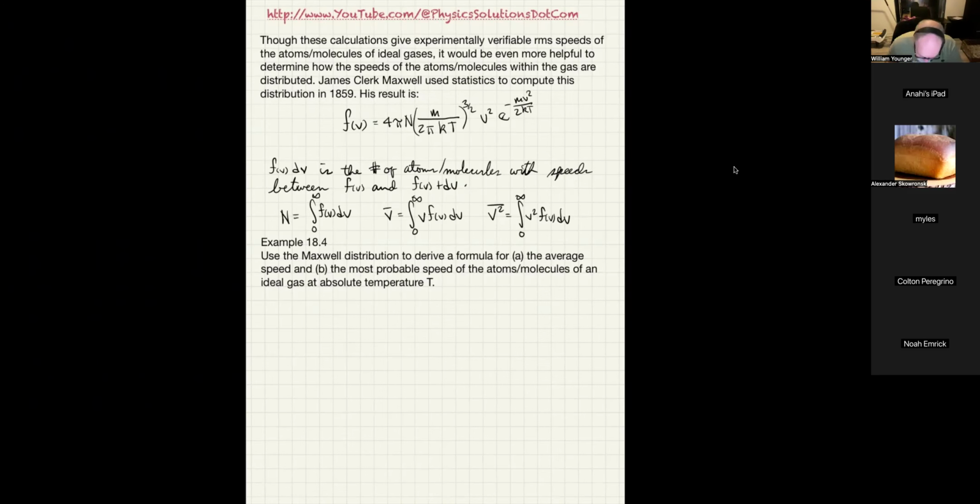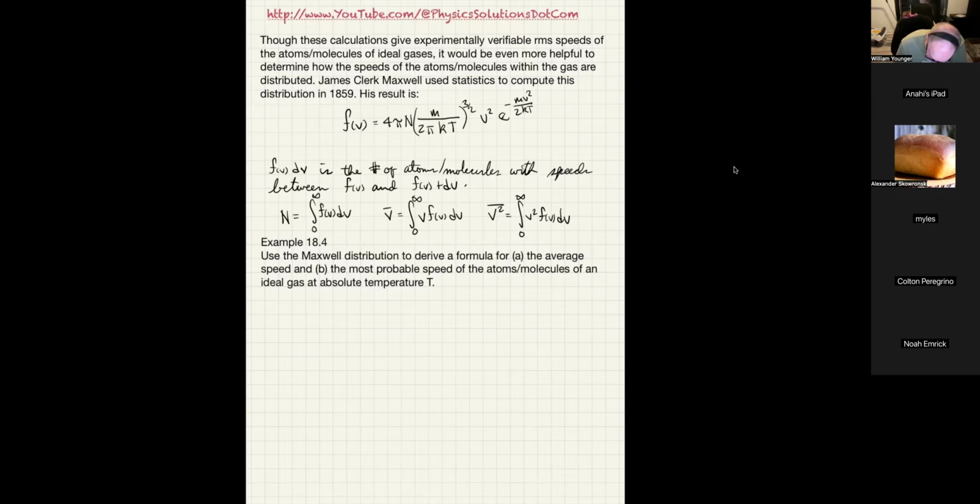Now, with that in mind, it says use the Maxwell distribution to derive a formula for A, the average speed, that's the v bar we were talking about, and B, the most probable speed of atoms and molecules of an ideal gas at temperature T. So let's start off with part A. I'm going to go with green this time.